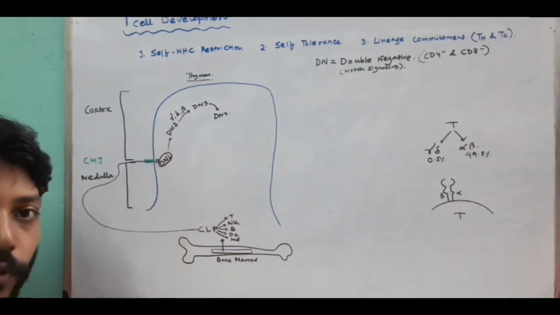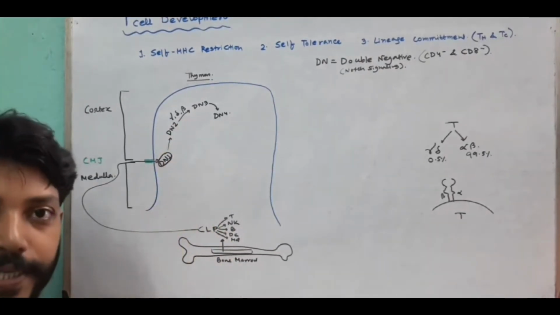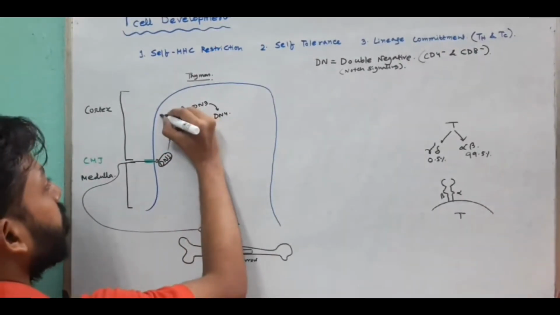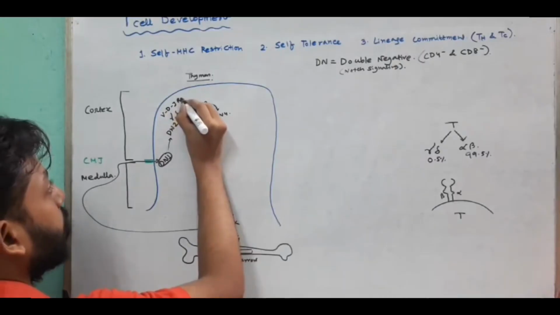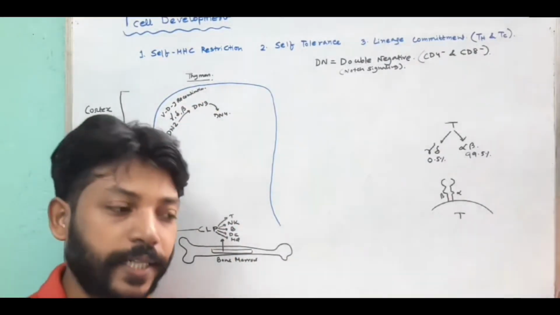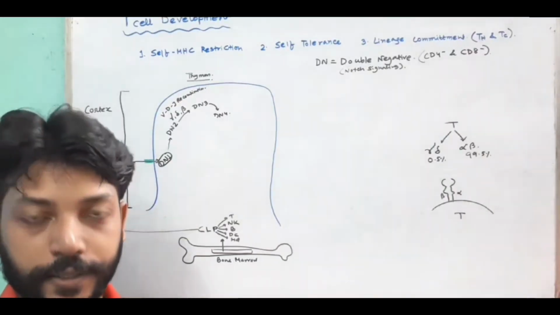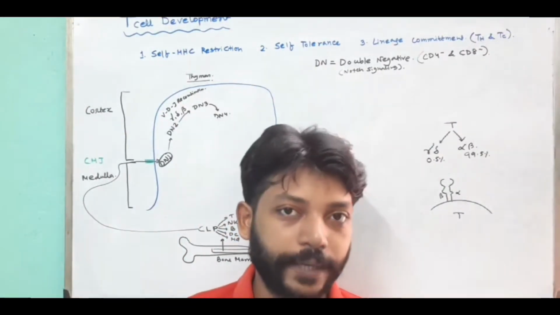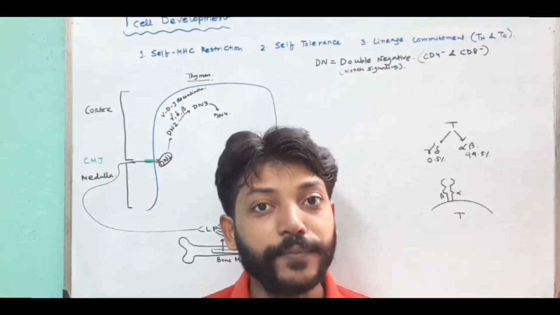When the DN2 starts to become DN3, it expresses this gamma, delta and beta, not the alpha chain. So in this situation, VDJ recombination starts. In my previous class, I have already mentioned that T cell receptors also go through VDJ recombination to make a diverse set of T cell receptors. What does it mean, a diverse set of T cell receptors? Let's assume if I have 10 million T cells, then I also have 10 million T cell receptors.